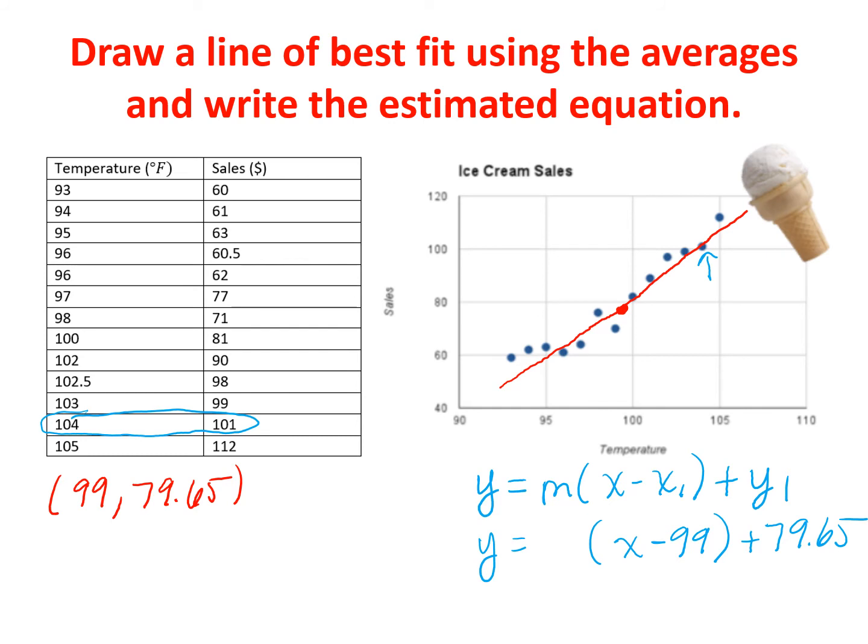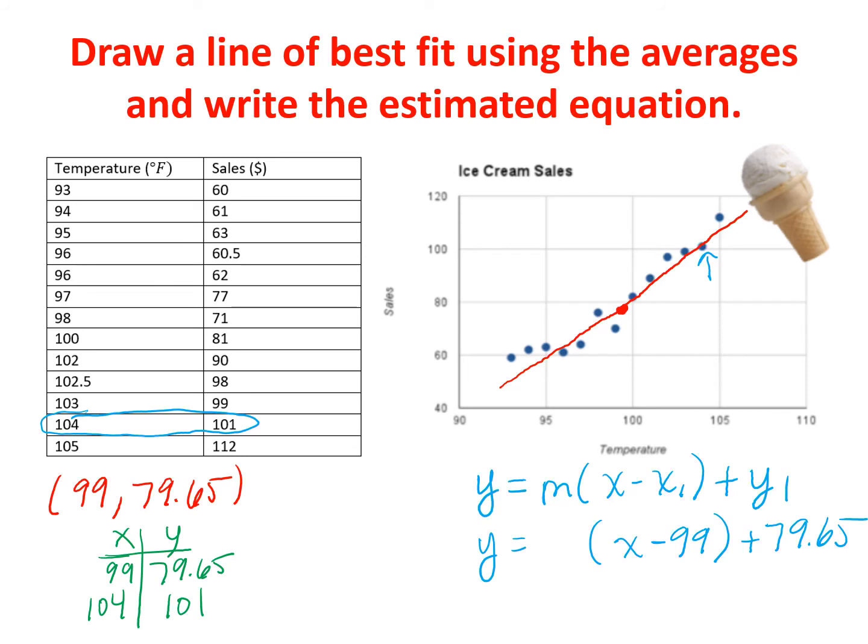And so I'm going to create a table, since that's my favorite. So we have our 99, 79.65, and then our other point, I have chosen to use the point 104, 101. And now I need to look at the change.